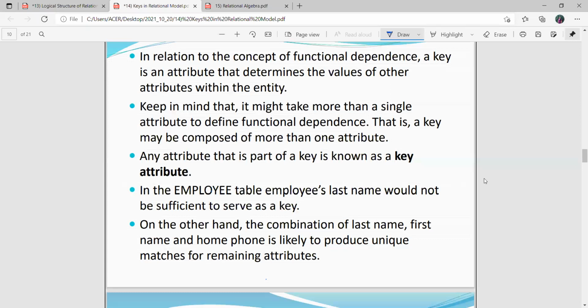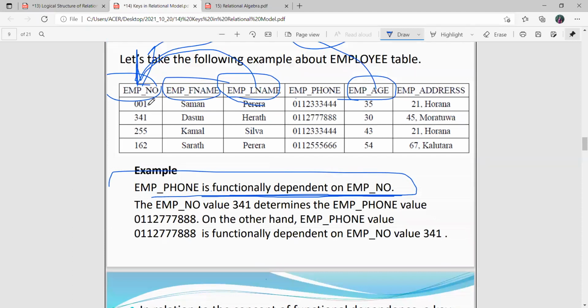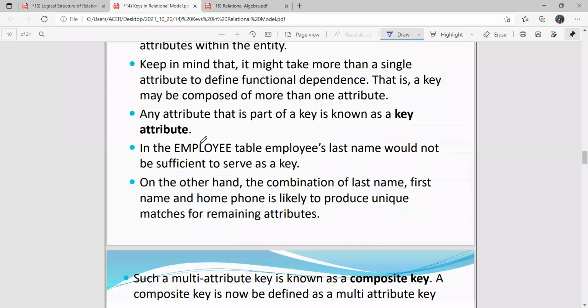Okay. When we consider primary keys, there are two types: the primary key and the composite key. In the composite key, you can see an example like this.